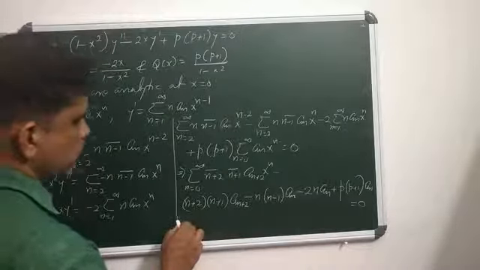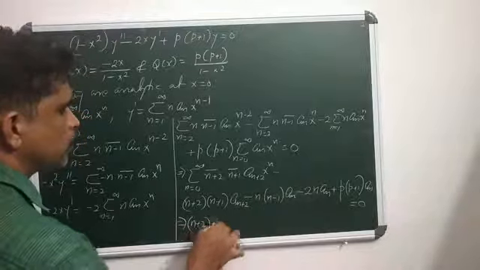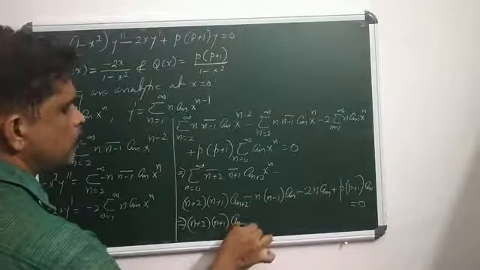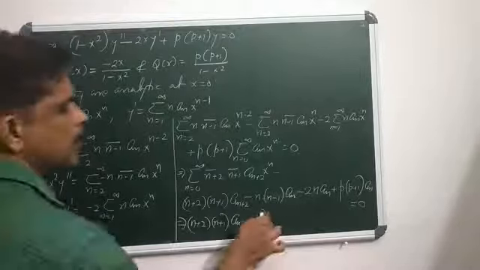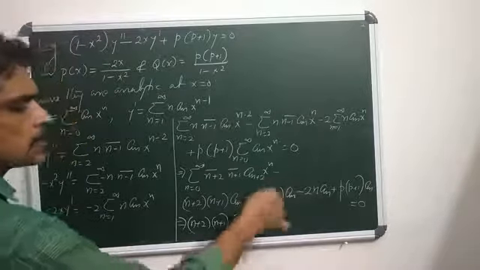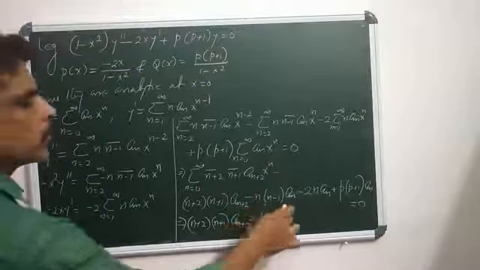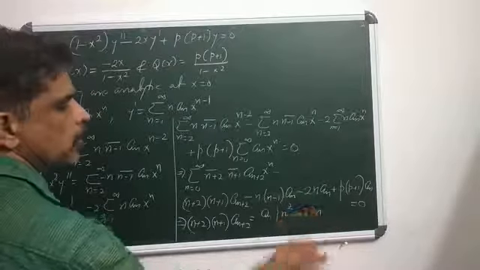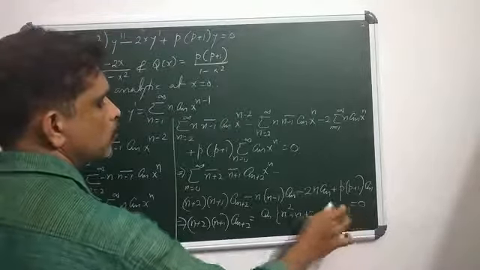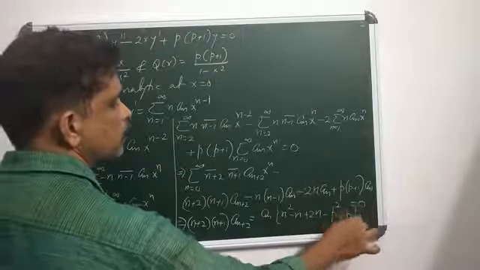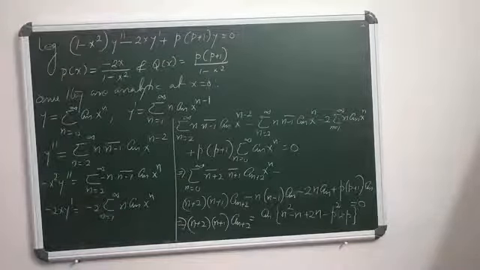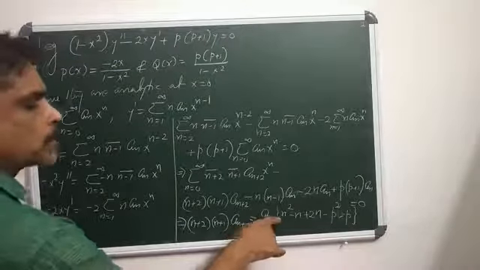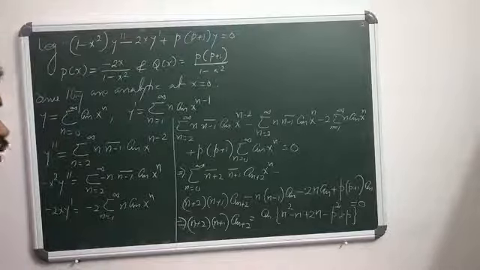So that means n plus 2 into n plus 1 into a n plus 2 equals a n into, on the right side, n into n minus 1, means n square minus n, then plus 2n, and minus p square minus p. If you bring all the terms except a n plus 2 to the right side, n plus 2 into n plus 1 a n plus 2 equals a n into n square minus n plus 2n minus p square minus p.